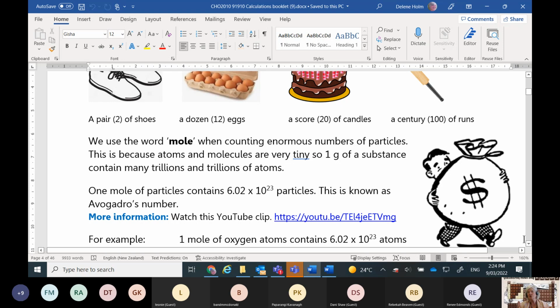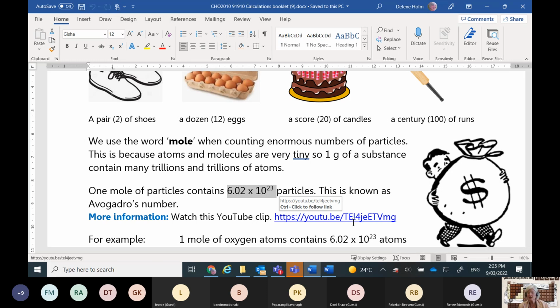A mole is a term we use to represent a number, and it is an enormous number. I suggest you watch this clip just to get your head around it and then forget about it.